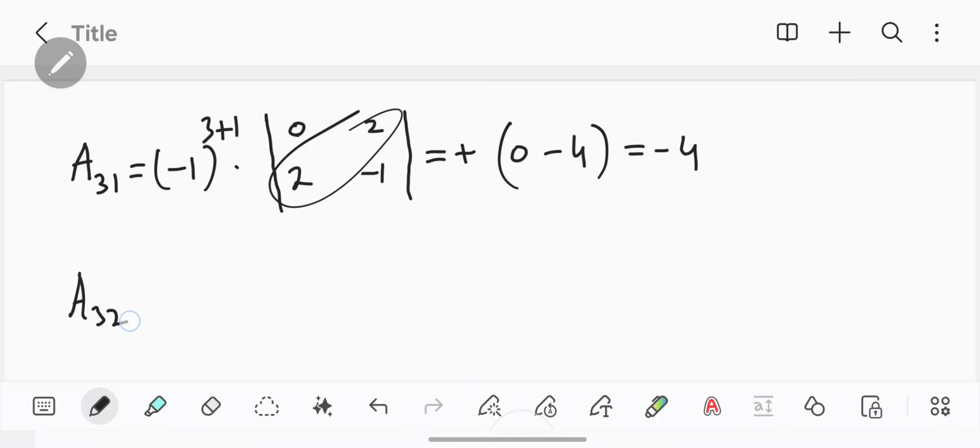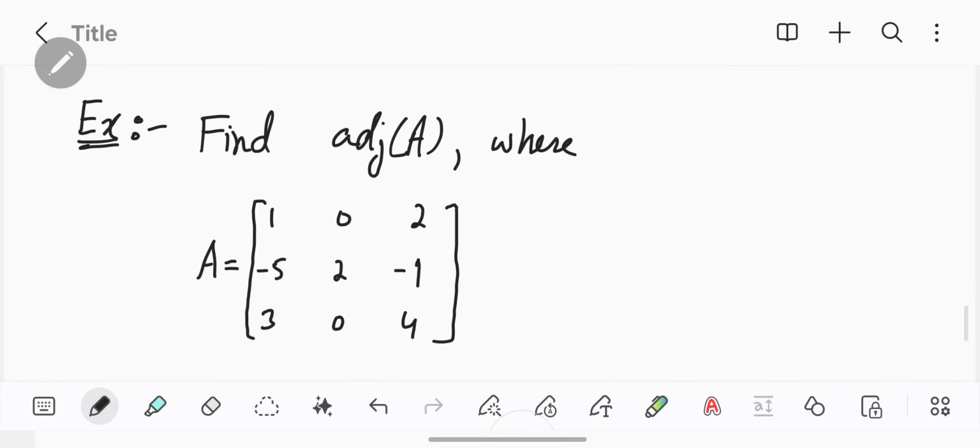Then I have A32, which is just negative 1 to the power 3 plus 2 times the determinant of the matrix obtained by deleting the third row and the second column, which is 1, 2, minus 5, minus 1.